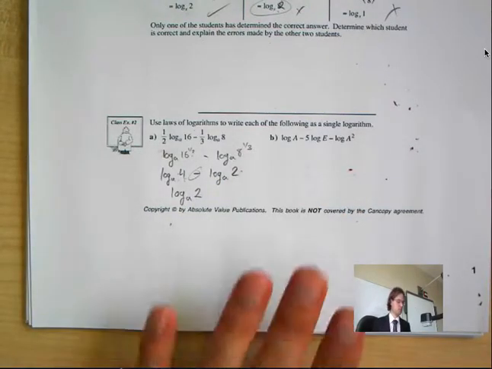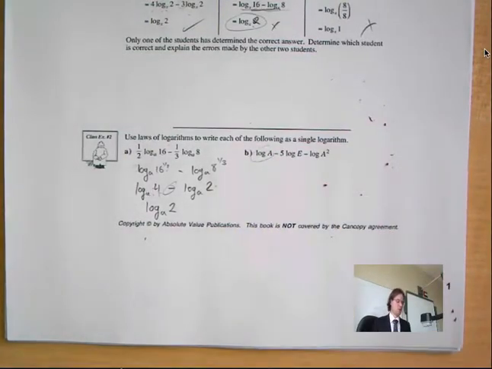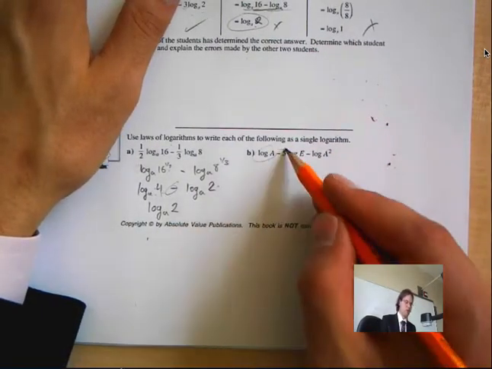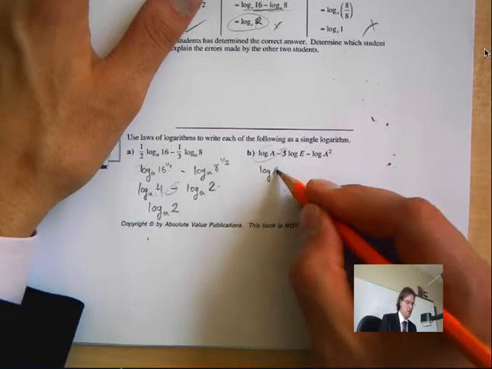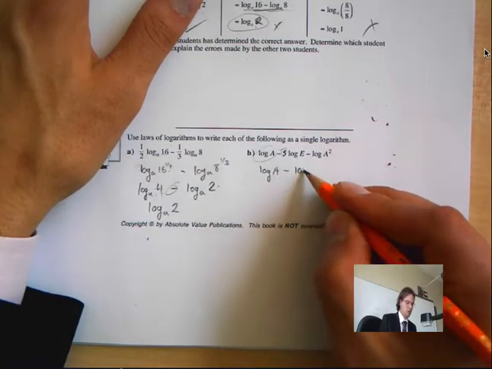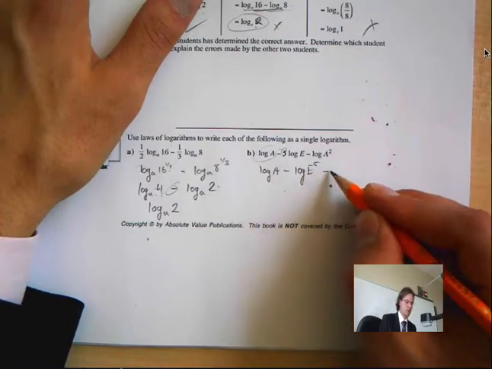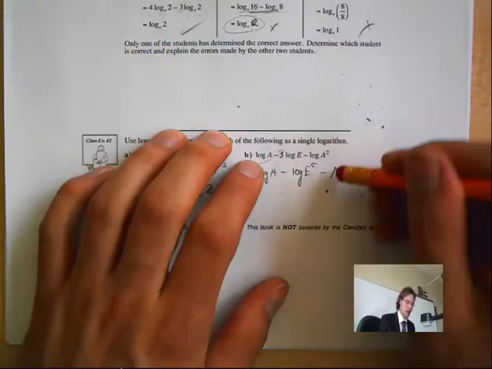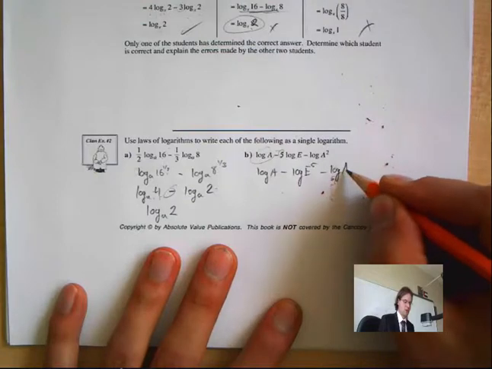That's it. Okay? Let's try this next one here. So we have a log base e, log a. Oh, this looks complicated. Well, let's first put everything so there's no coefficients in front. So I'm going to have log a minus the logarithm of e to the power of 5, subtract log a squared.